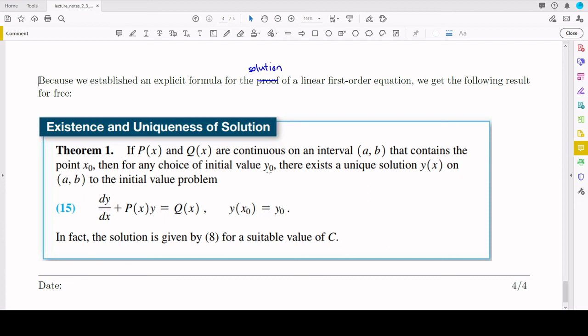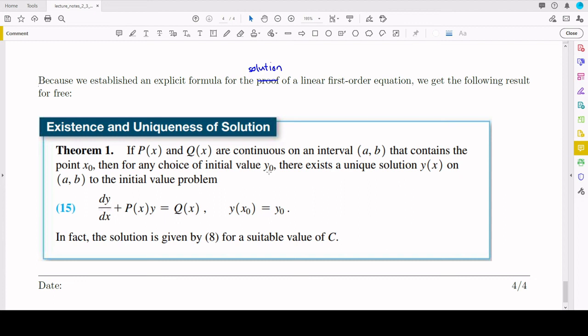So if p of x and q of x are continuous on an interval a, b that contains the point x naught, then for any choice of initial value y naught, there exists a unique solution y of x on the interval a, b to the initial value problem dy dx plus p of x times y equals q of x with initial condition y of x naught equals y naught.